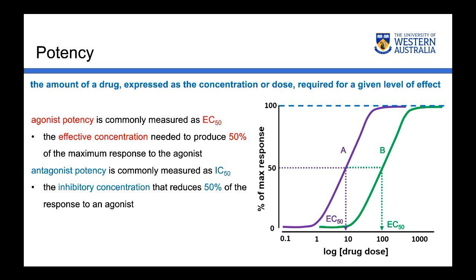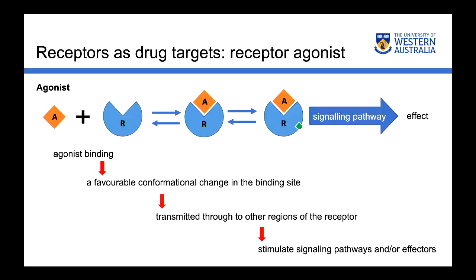Now what's next? We're going to look at the use of drugs to target receptors, not specific examples. I briefly mentioned that drugs that target receptors can be either agonists or antagonists. We begin by looking at drugs that act as receptor agonists.